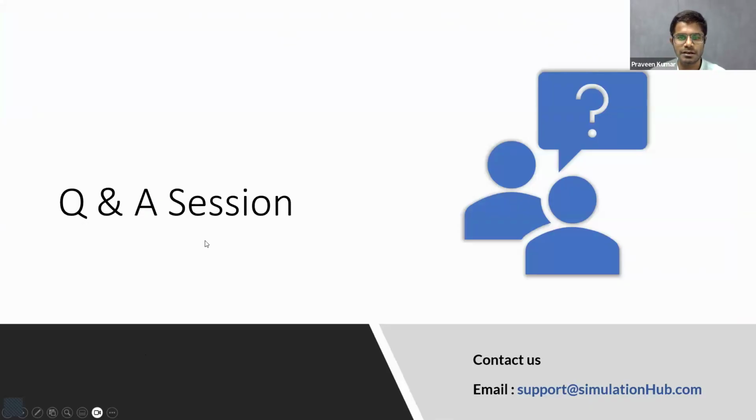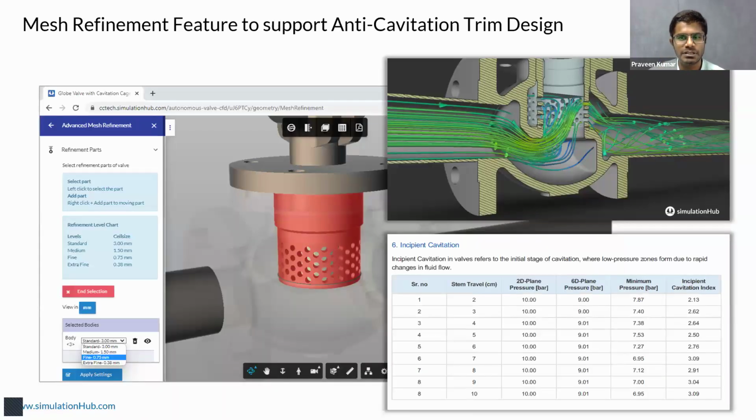Typically, one of the questions is how do we handle very complex geometries or complex CAD features, especially anti-cavity trims. I just kept these slides for reference.